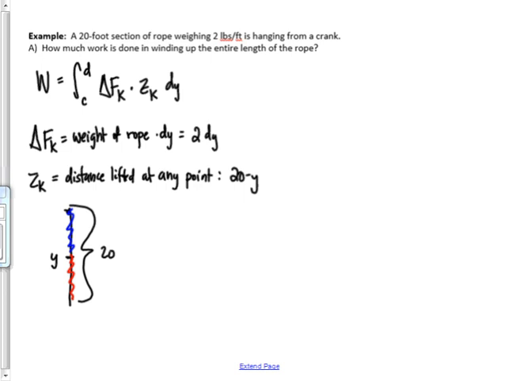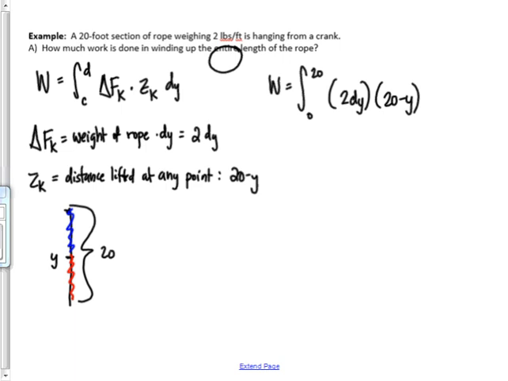So now that I know what that stuff is, I can plug it into my formula. Work is equal to the integral from 0 to 20, because it says wind up the entire length, of delta F sub K, which is that 2 dy we found, times Z sub K, the distance lifted, so that's 20 minus y.